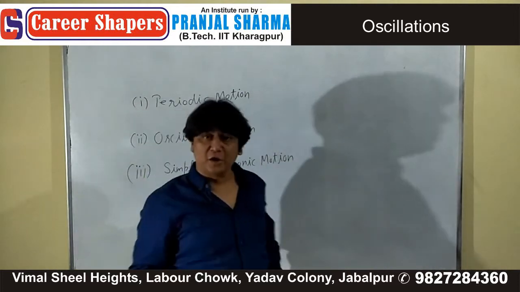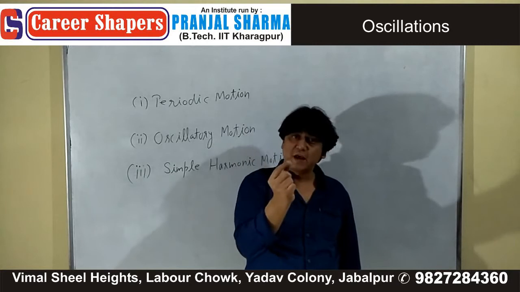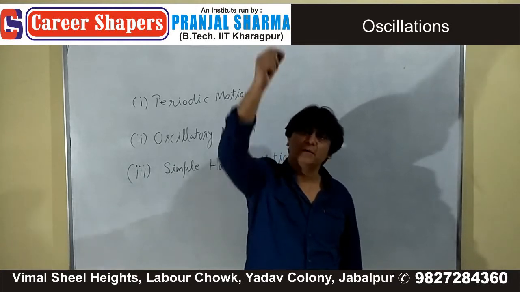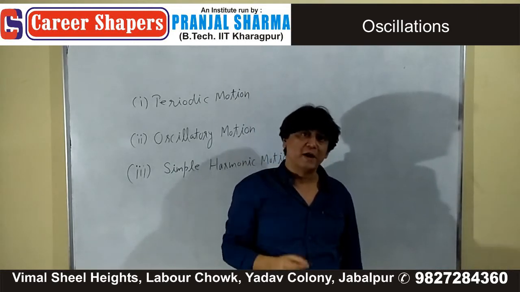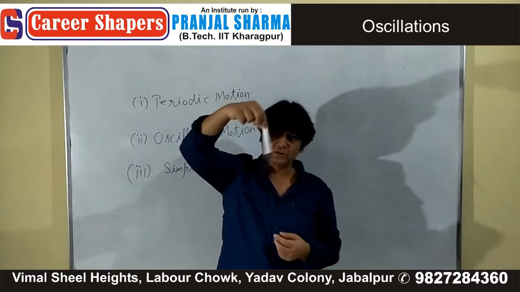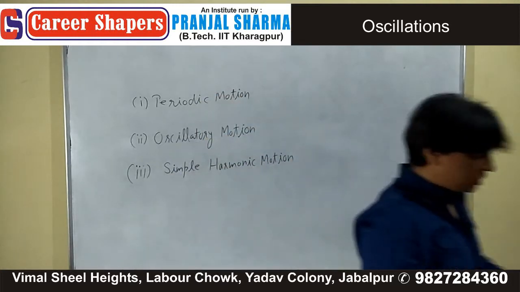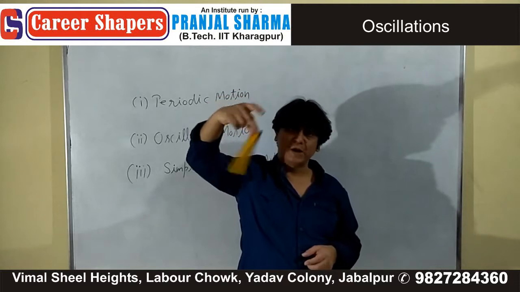What is the other example? The simple pendulum, which you know. What is a simple pendulum? When you only have a point mass connected with a rope, that is called a simple pendulum. Whereas if you have a rod like this, then this is called a compound pendulum. If you hold your book, or this duster, this is called a compound pendulum.